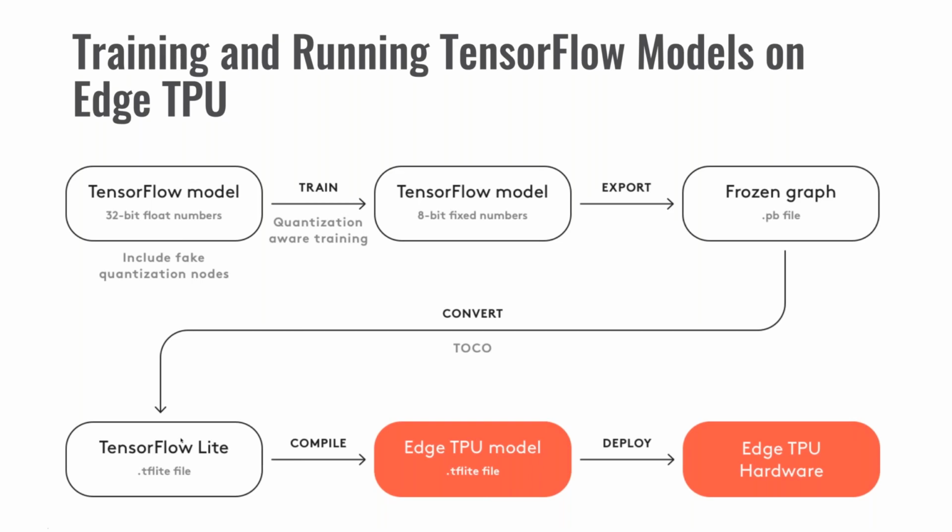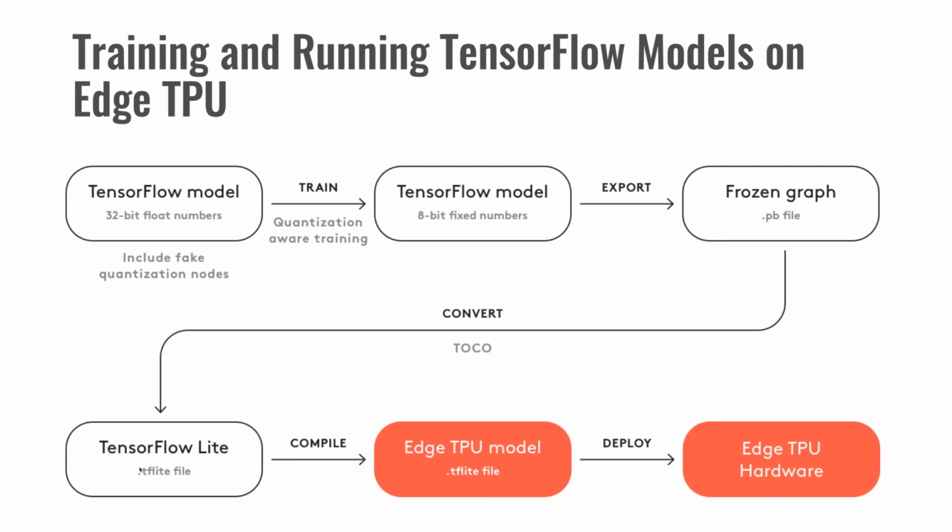And till now, we are not even aware of Edge TPU. Now, this step that you are seeing here is basically the precursor to Edge TPU. So the output of this step, when we generate a .tflite, essentially the model is ready to run inside a mobile device, like a Samsung Galaxy or a Google Pixel or any Android or iOS phone.